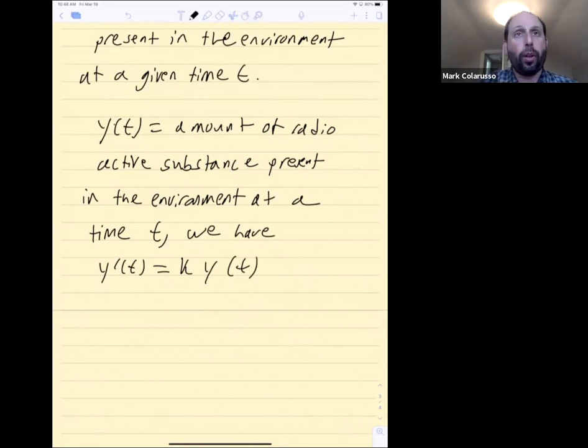So the derivative is a multiple of the amount, or proportional means it's a multiple of the amount present at the time t.